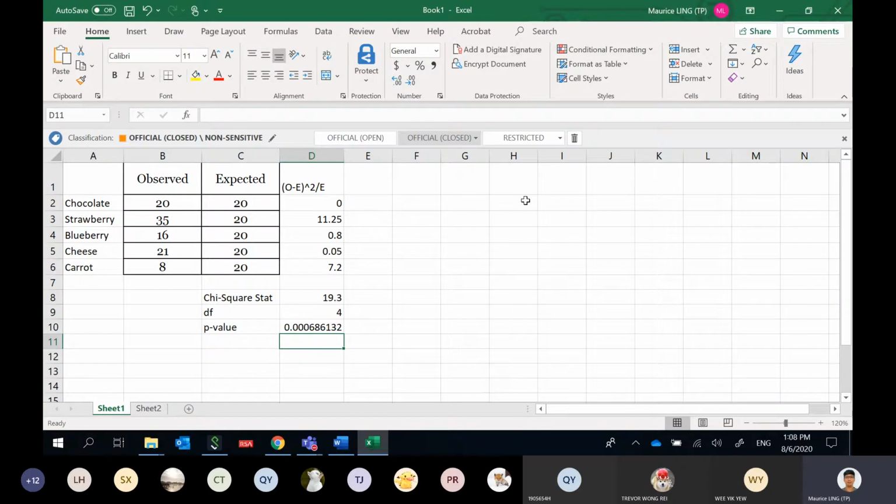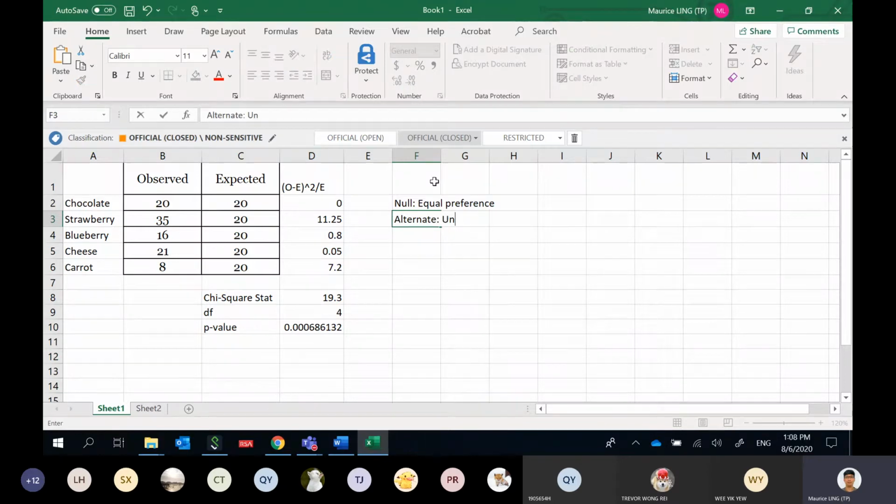Based on this statistic, remember our null hypothesis is that there is equal preference. The alternate hypothesis is basically unequal preference. So based on this p-value, do we accept or reject the null hypothesis? Let's have Lucas.